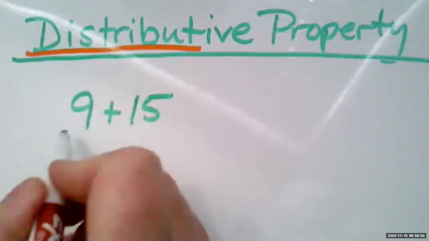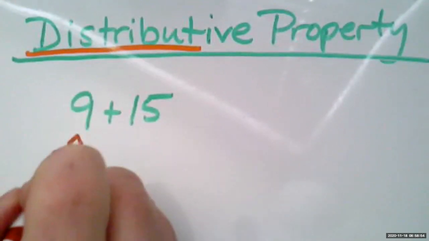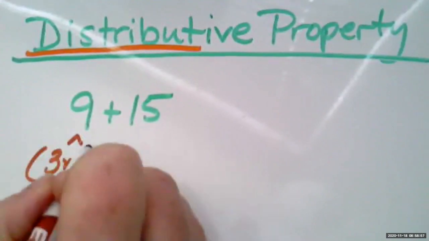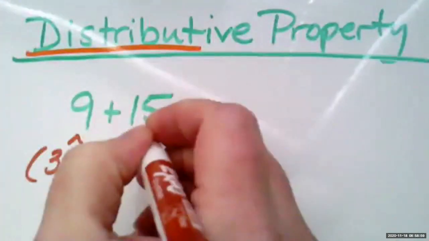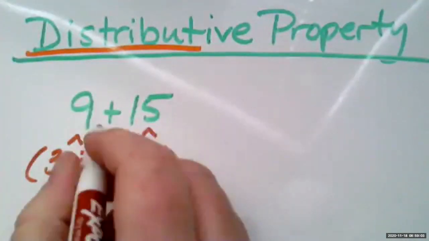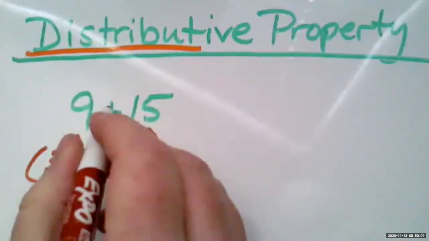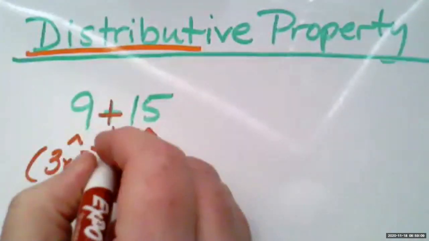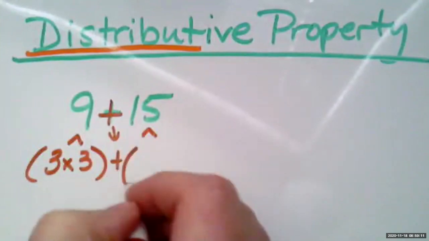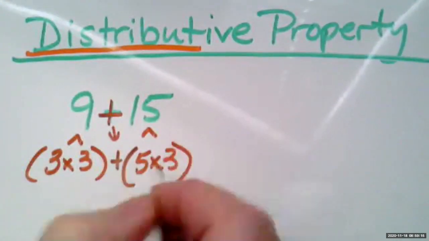Distributive property, I'm going to break down what times what equals 9. And I know 3 times 3 equals 9. I'm also going to factor out 15. So I have 9 here plus, and don't forget your plus sign. Here's my plus sign, got to bring it down. The factors of 15 are 5 times 3.